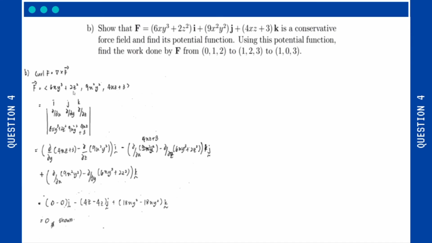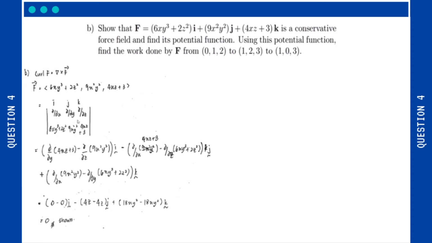So after we do the cross product, for element i, it is del over del x and 6xy cubed plus 2z squared. For element j, del over del y and 9x squared y squared, and for element k, del over del z and 4xz plus 3.